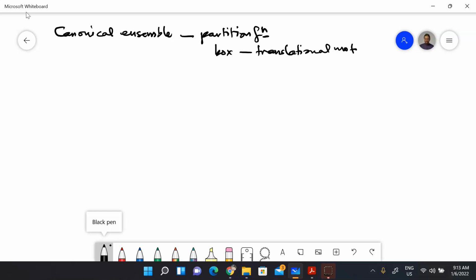And then last Monday, we started to do, for the case of a molecule, you consider the case of rotational motion.